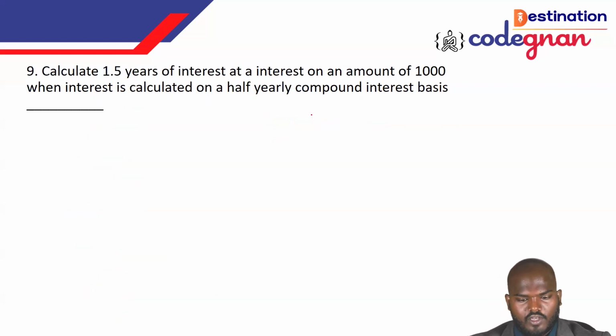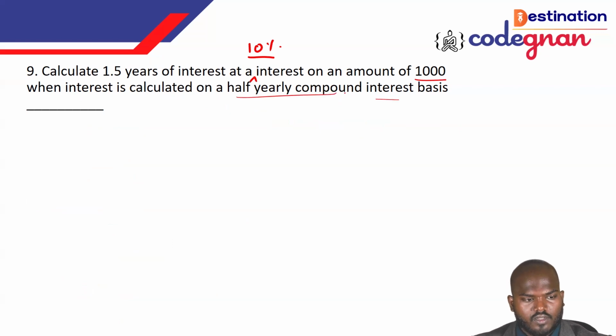Okay, going to the next question. They are saying to calculate the interest for 1.5 years at a rate of 10% annual rate of interest on an amount of rupees 1,000 when interest is calculated half-yearly.